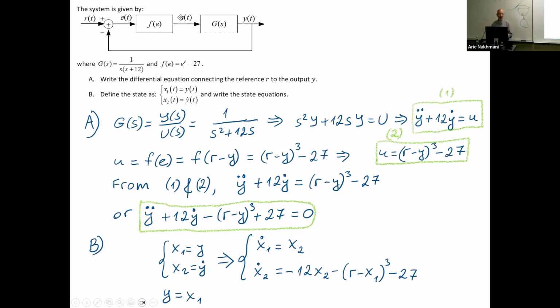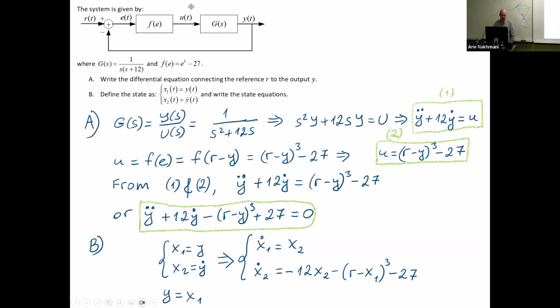You need to keep R and Y, which are your input and output, but you want to get rid of all of the other variables in your equation. This is the direction that we are going. So let's see what we can do here.